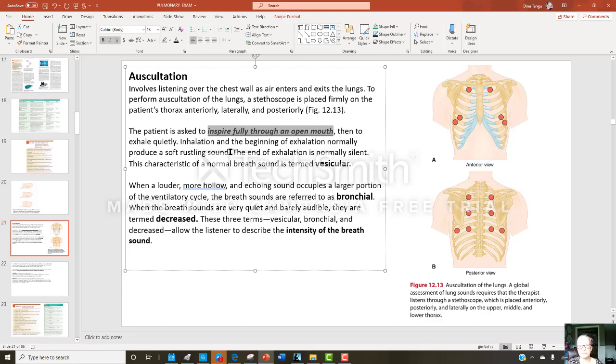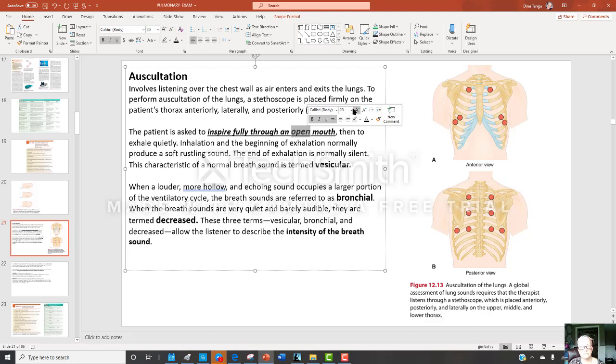I don't remember knowing an open mouth. Inhalation and the beginning of exhalation normally produce a soft rustling sound. The end of exhalation is normally silent. This characteristic of a normal breath sound is termed vesicular.